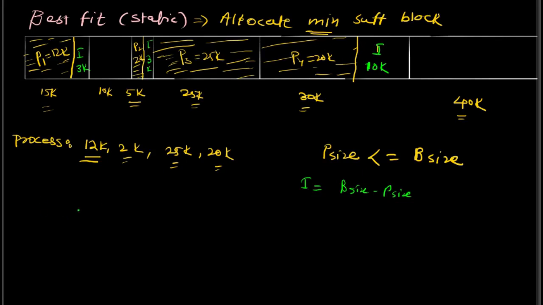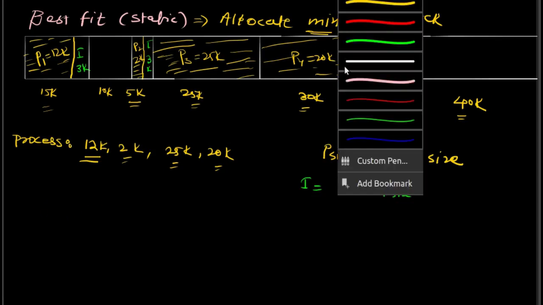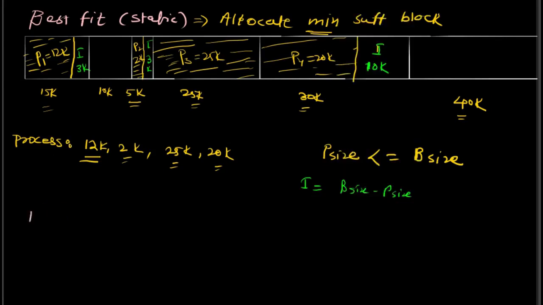Now we will calculate the internal and the external fragmentation. So first, internal. What is internal fragmentation? This is 3k here, this is 3k here, and this is 10k here. Internal fragmentation is internal to the block. So this is 10 plus 6, 16k.